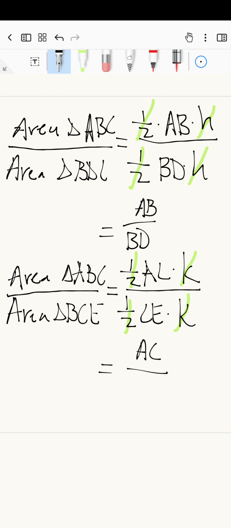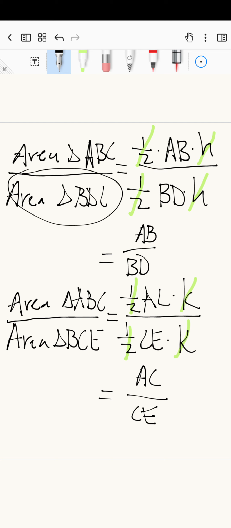Okay, we're almost there. Take a note of what we have written before. So far we've said the area of ABC is equal to half AB times H. We said the area of BDC is half BD times H. We divided those two together, and that gave us the left-hand side of our ratio.